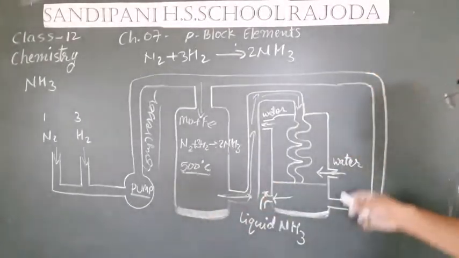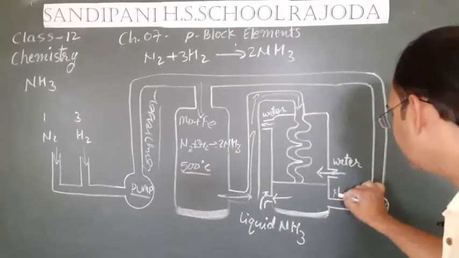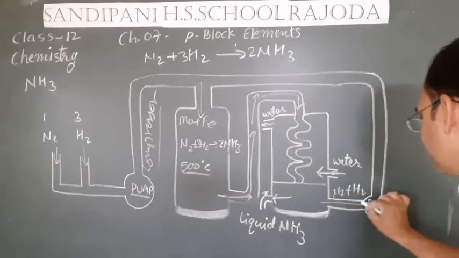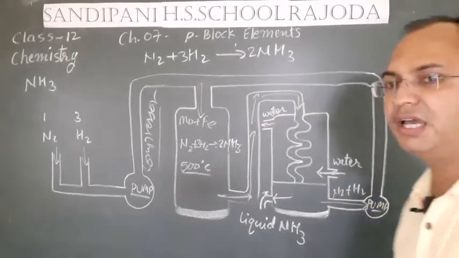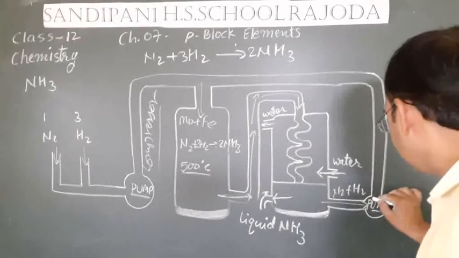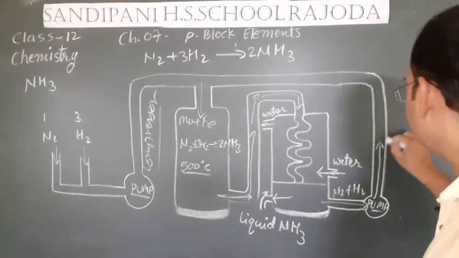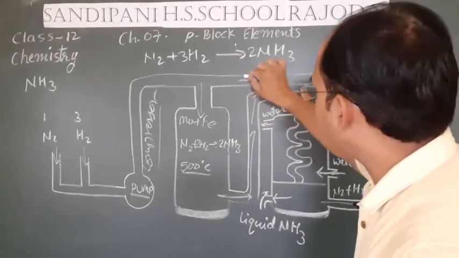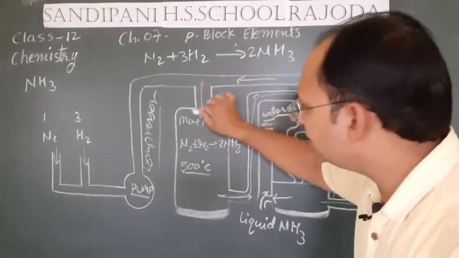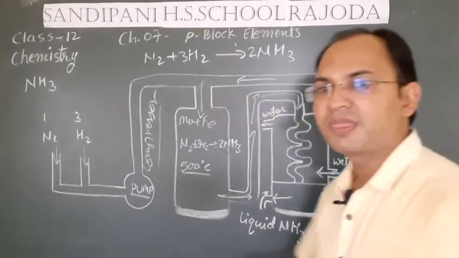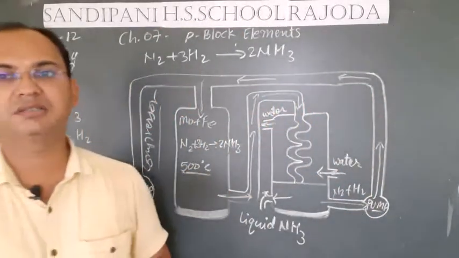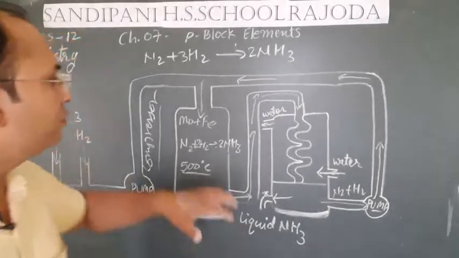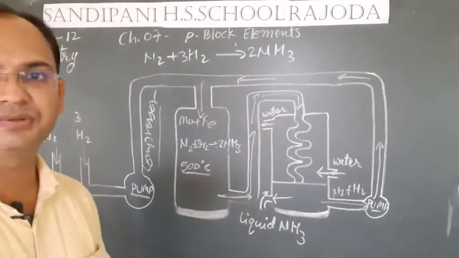And again that nitrogen and hydrogen, N2 plus H2, come out with the help of this pump, and then again the unused nitrogen and hydrogen come with the help of this pipe into this chamber, and again we try to get them to react to form ammonia. So this whole process is called Haber process.